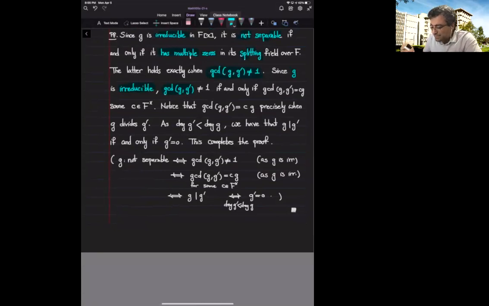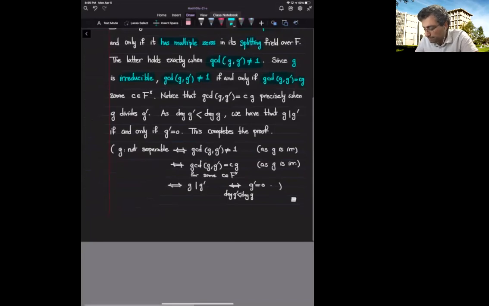So knowing that the GCD of G and G prime is not 1, this fact is equivalent to saying that the GCD of G and G prime is some constant times G, because G is irreducible. We have this equality.